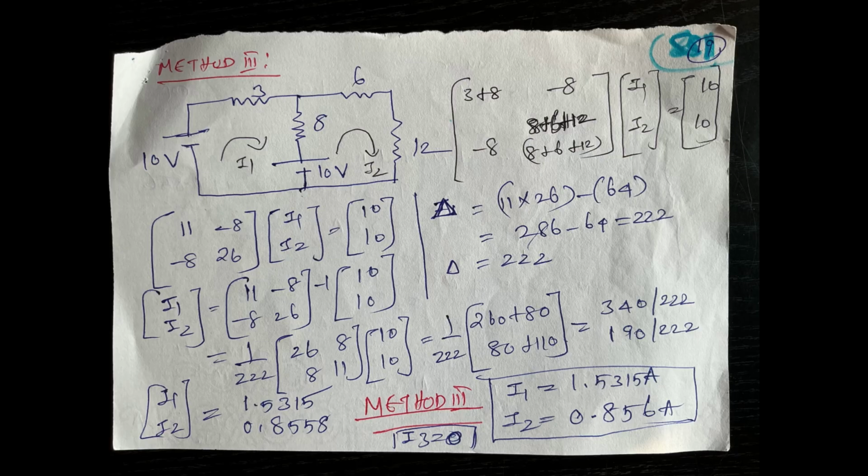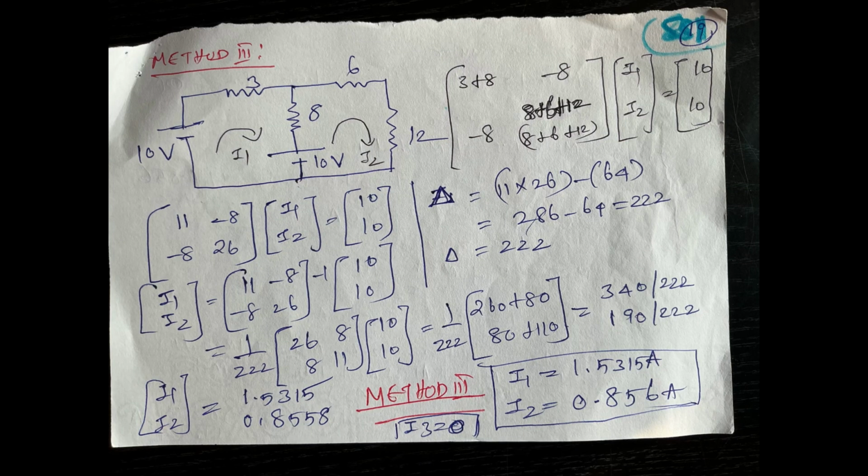Considering the mesh current direction, minus to plus, put plus 10. We find the determinant value and cofactor matrix, multiply by 10, and divide by the determinant to find I1 and I2.